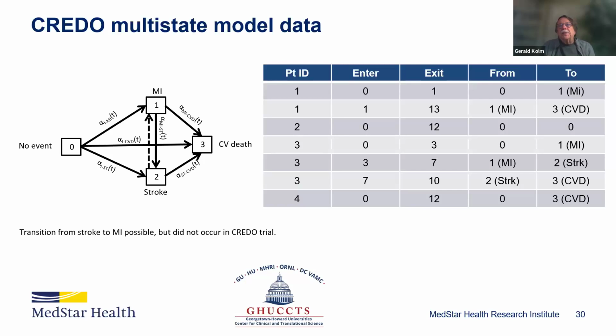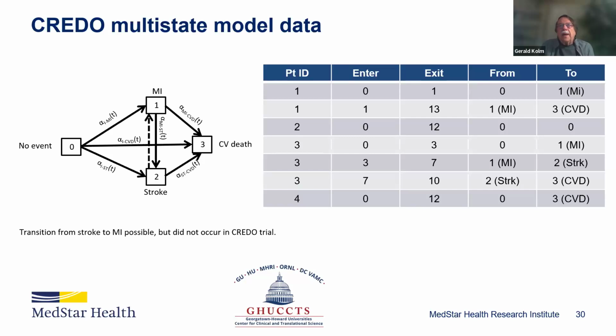So in terms of setting up your data, this is the way you'd set it up in any statistical package that you would use. In the column titled from, you have a code for the different events: 1 is a non-fatal MI, 2 is a non-fatal stroke, and 3 is the absorbing state, the cardiovascular death.